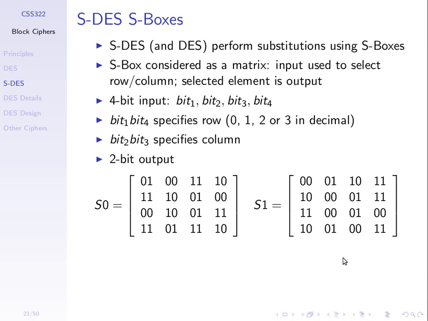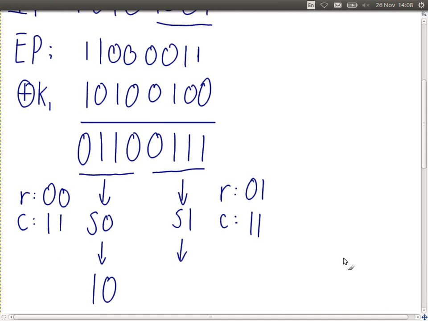In Sbox S1, the second row, 0, 1, the last column, 1, 1, produce output 1, 1. Okay. Just a lookup on that matrix, our substitution.